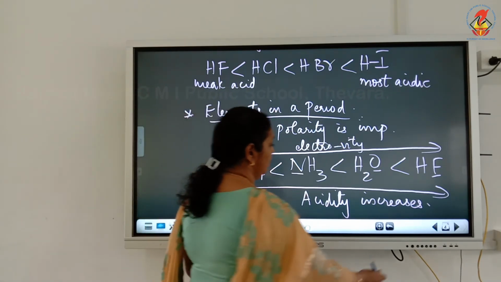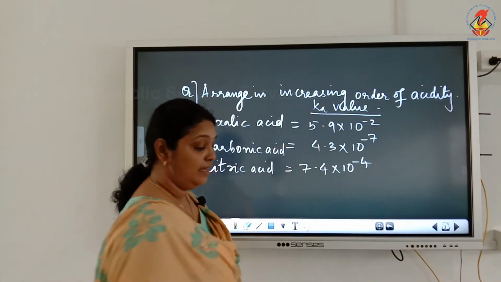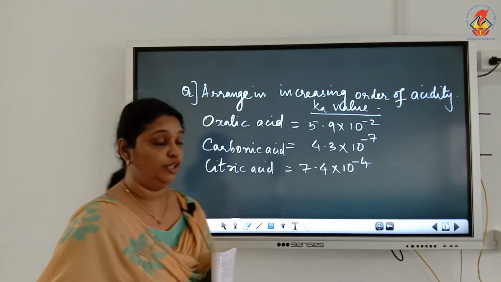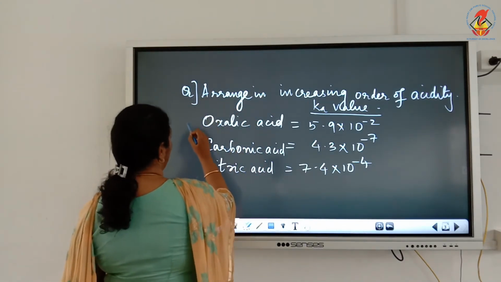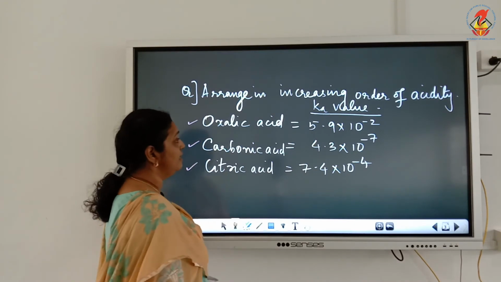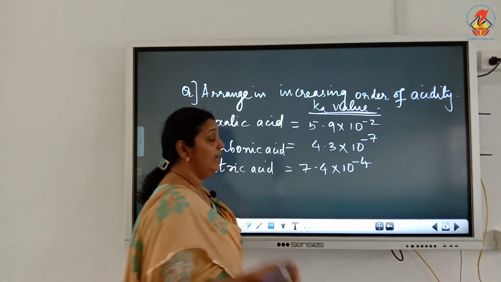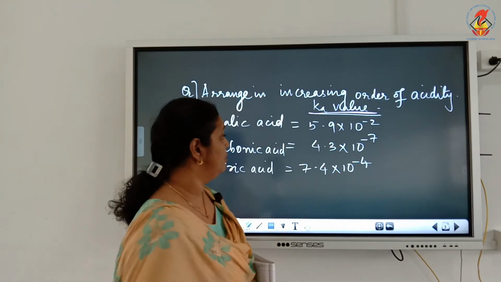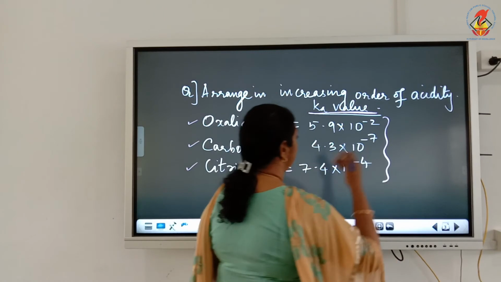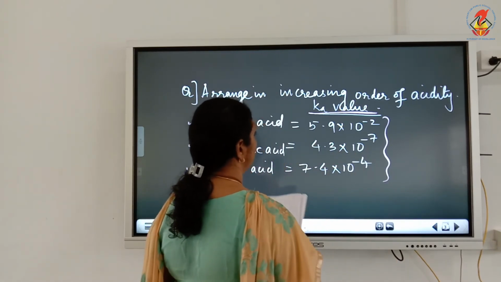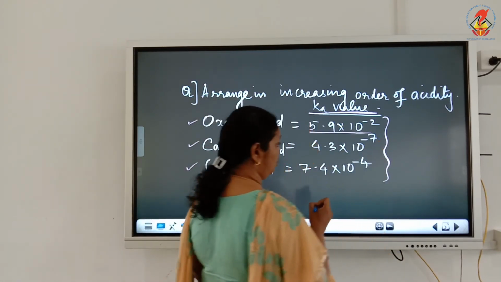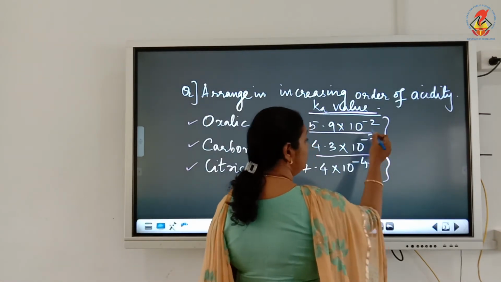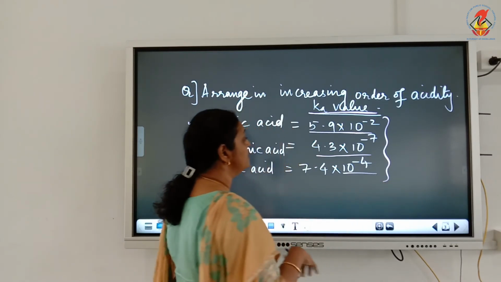Now we have a question: arrange in increasing order of acidity given the Ka value. Three acids are given, oxalic acid, carbonic acid and citric acid, with their Ka values. And I told you, the higher the Ka value, the stronger the acid. Here it is 5.9 into 10 raised to minus 2, which means 0.05. Here we have 10 raised to minus 7, and here 10 raised to minus 4.